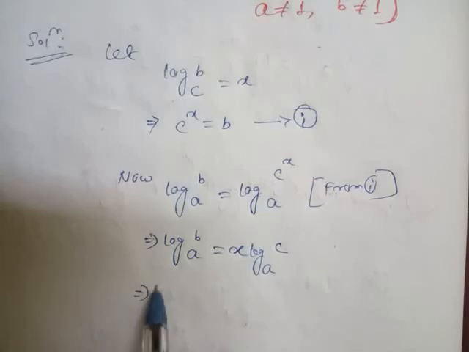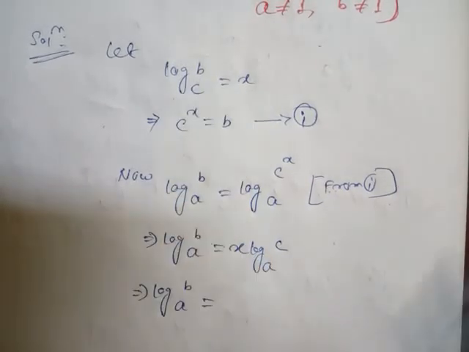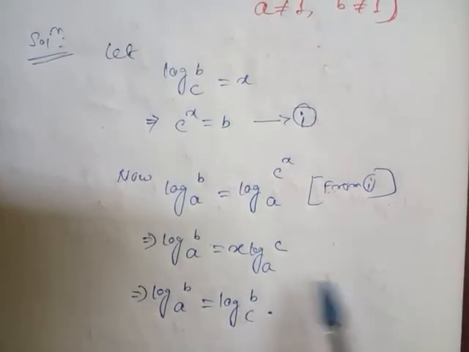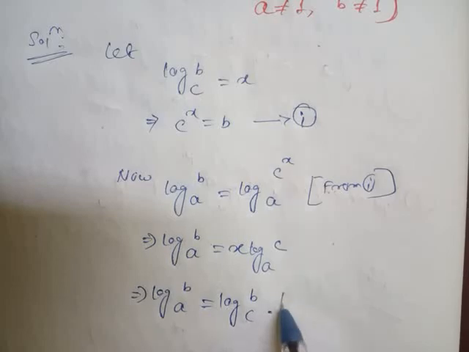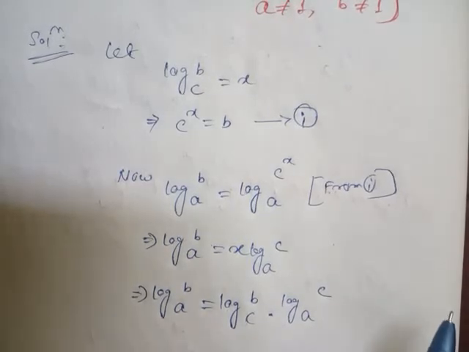Look now student, the next step, log b base a equals, what is the value of x here? It is log b base c. In place of x I will put down log b base c into log c base a.